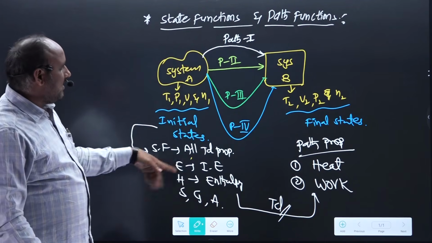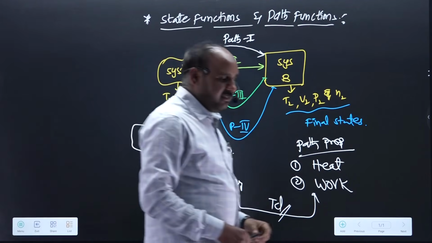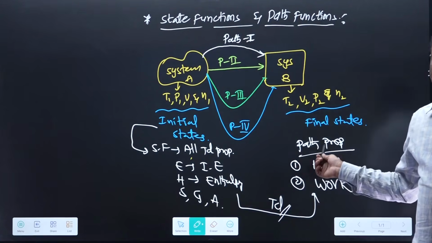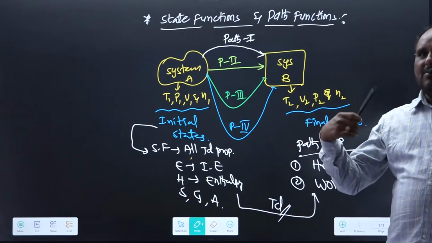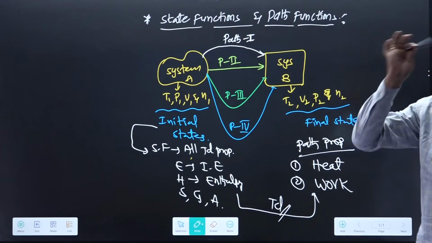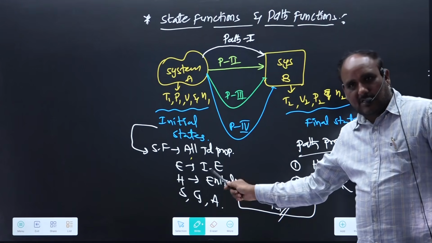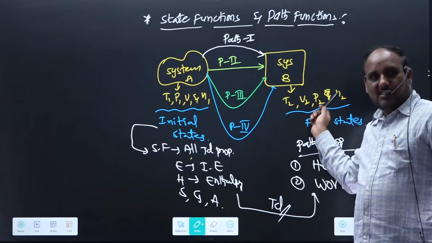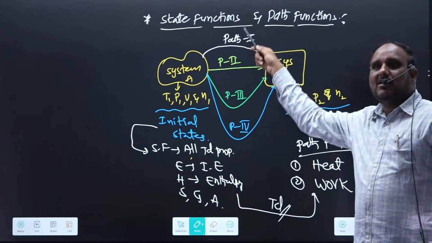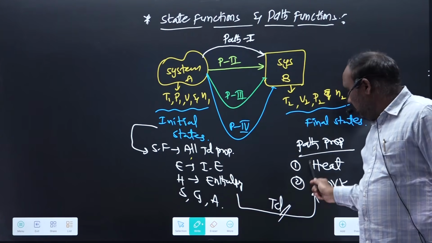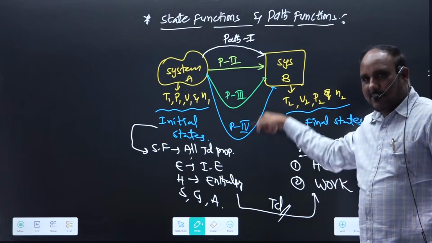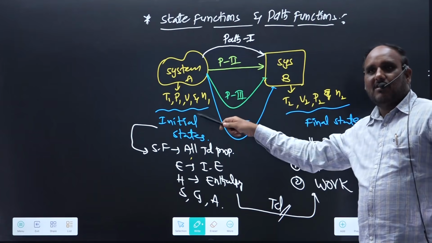So just note down the diagram, then we'll write the sentences. Have you understood this? Any property you have to take. These are thermodynamic properties. These all depend on what? Initial and final states only, independent of pathways. But only these two depend on pathways. These two are independent of initial and final state.